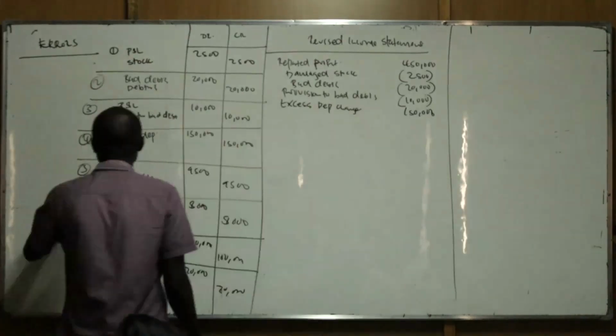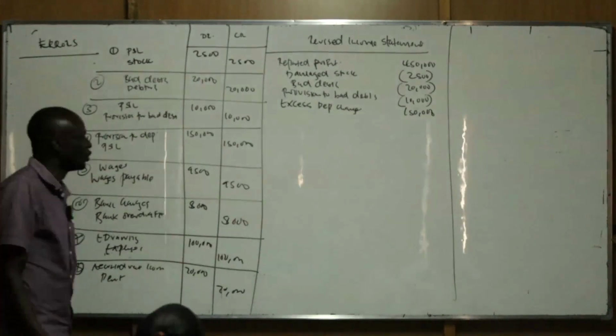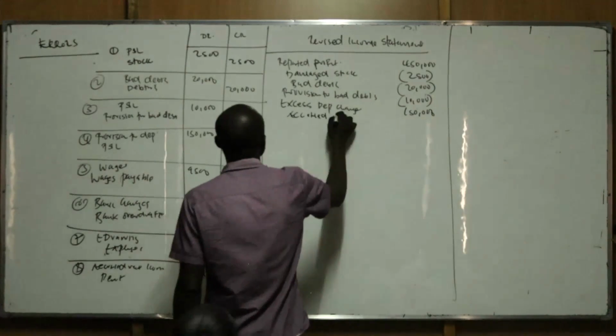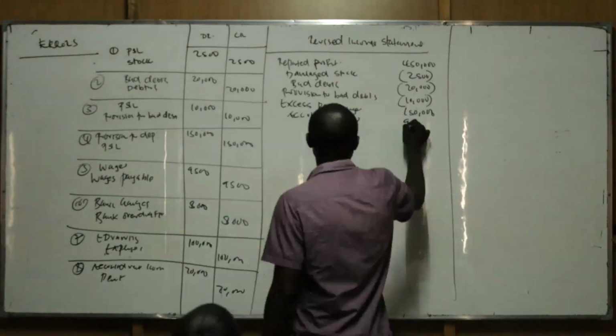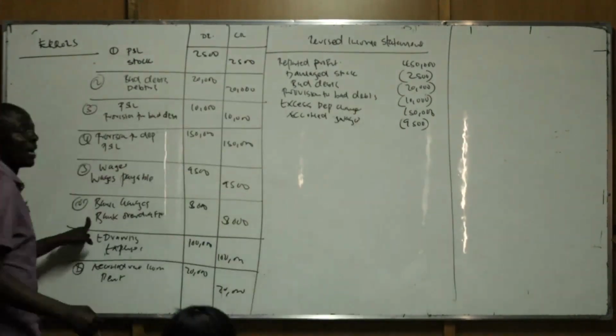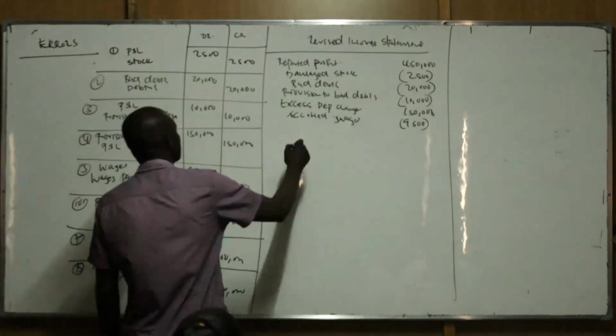Then there's an amount of wages that was not recognized, accrued wages, isn't it? Accrued wages, how much? 9,000. That one is supposed to be deducted, correct? Then there are also bank charges that were not factored in, so we deduct.